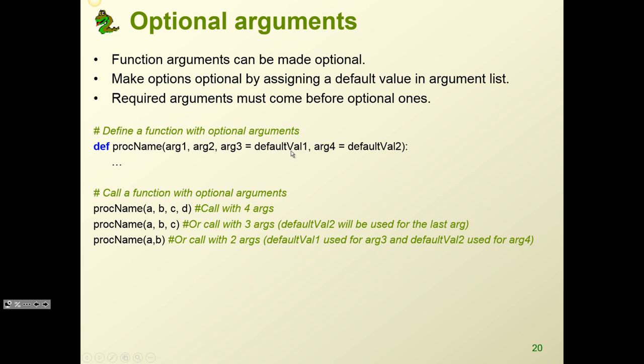So this function could be called with 1, 2, 3, 4 arguments, or 1, 2, 3 arguments, or 2 arguments. And if you call it with 2 arguments, the third argument is going to be set to the default value, and the fourth argument is going to be set to the default value. Okay, and that's how it works.